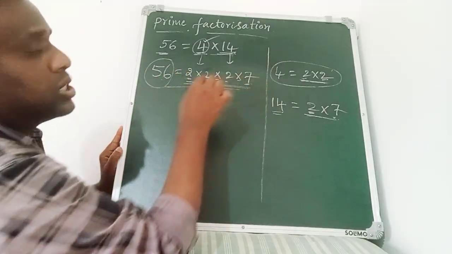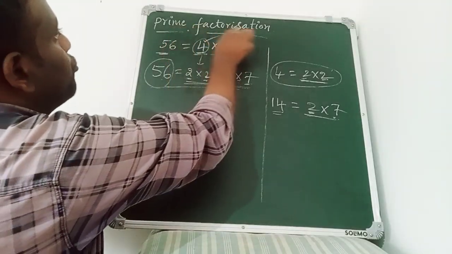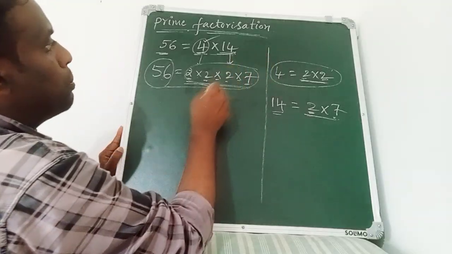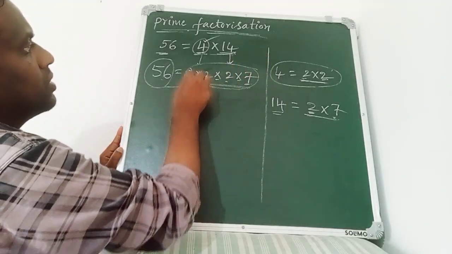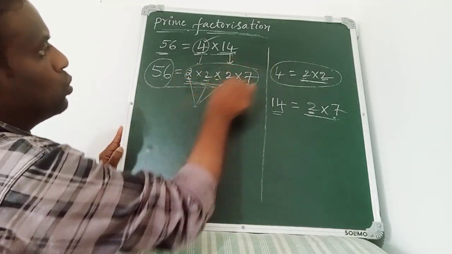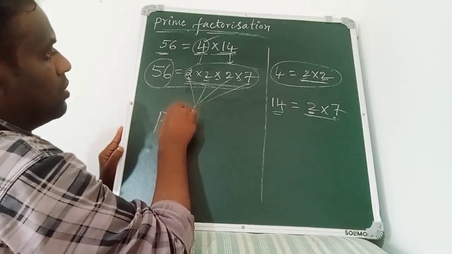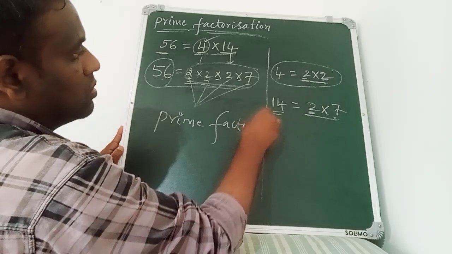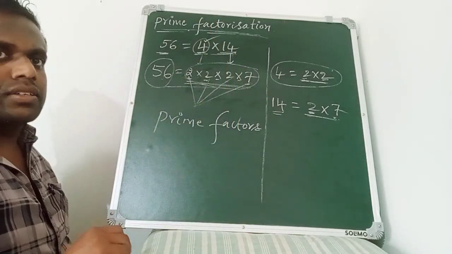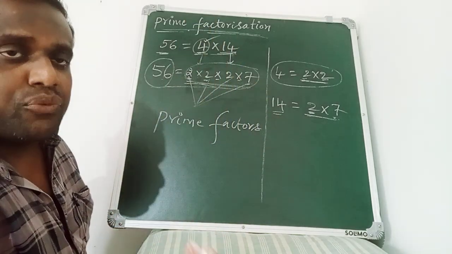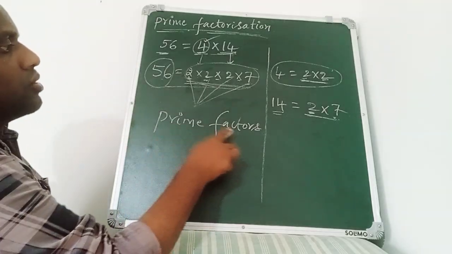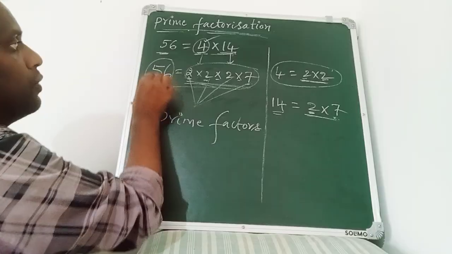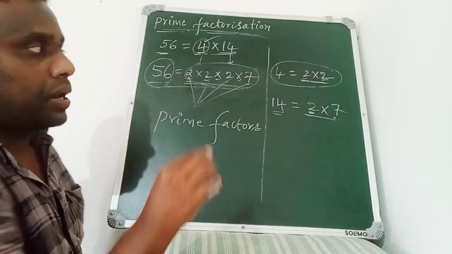So this process is called prime factorization, and these are called prime factors. This 2, this 2, this 2 and this 7 are called prime factors. This is what prime factorization is, this is what prime factors are. This is how we have to write a given number as the product of prime numbers.